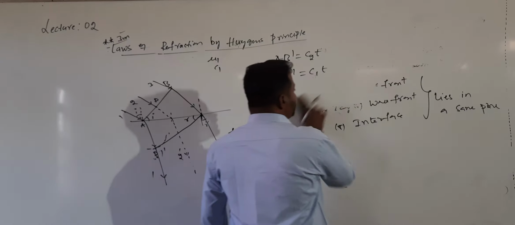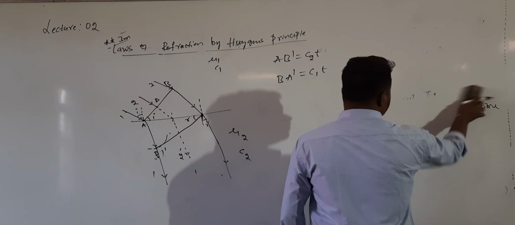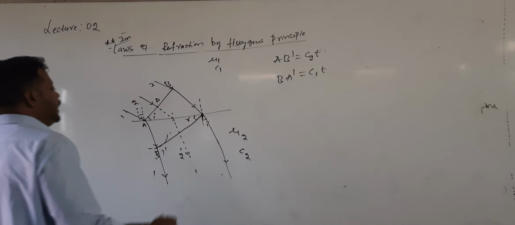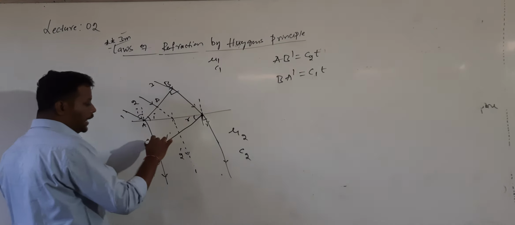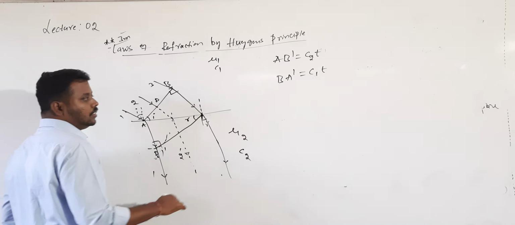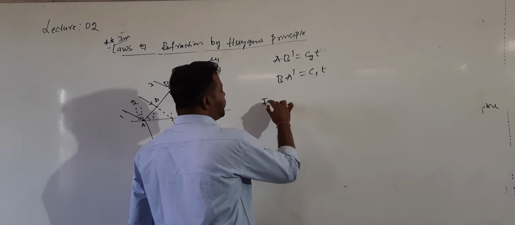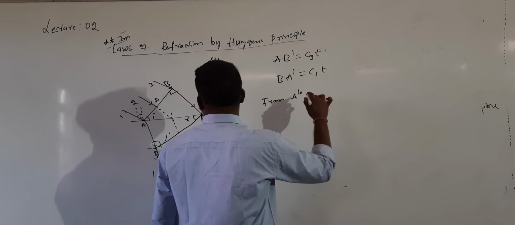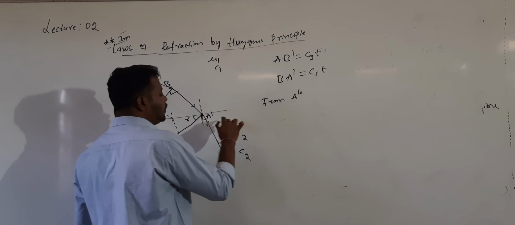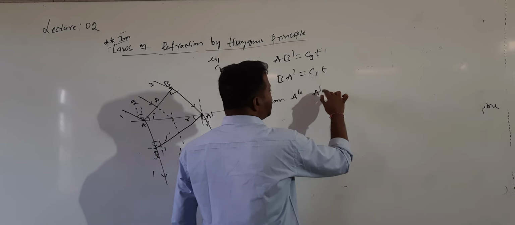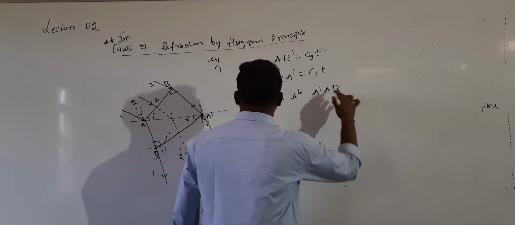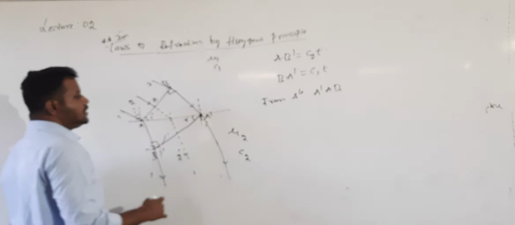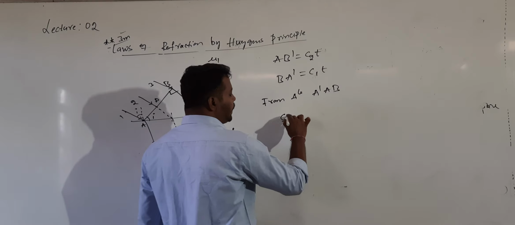Now, how can I prove the second law of refraction? For proving the second law of refraction, you can see here that the angle at B and the angle at B dash is 90 degrees. Now the triangle I am considering is A dash A B. In this triangle, what is the value of sine?